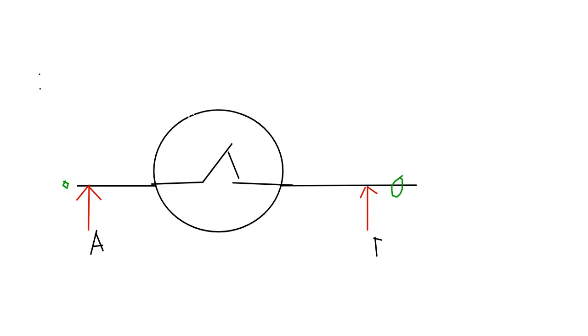Whereas if I take the points inside, I will get the ideal values. So I should take the voltage from between these two points, between A and B, not outside.